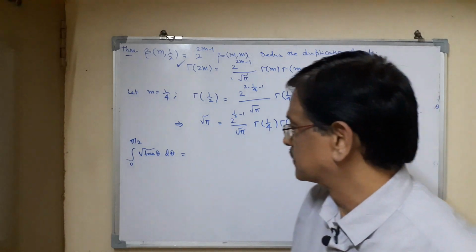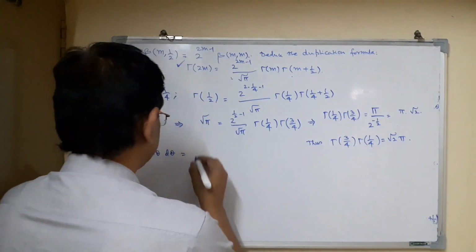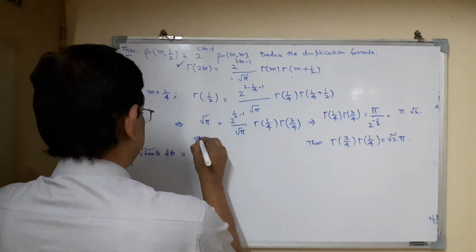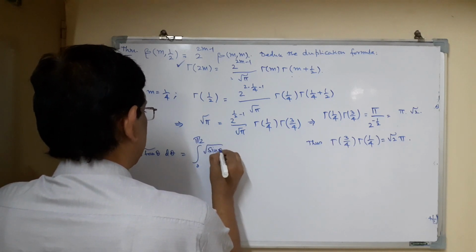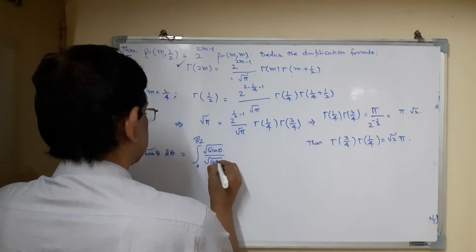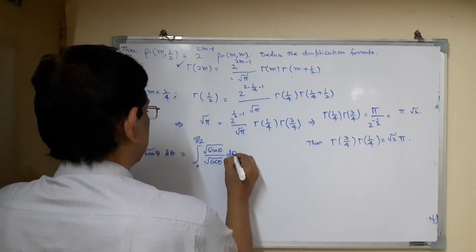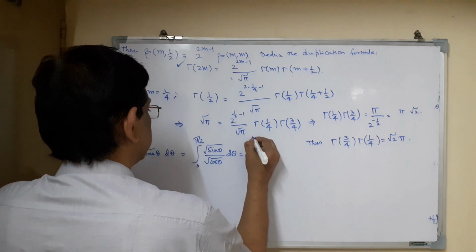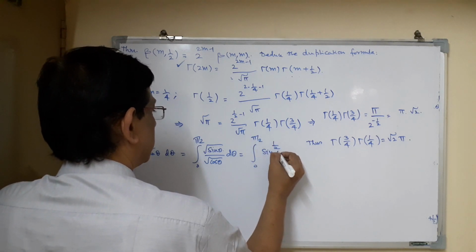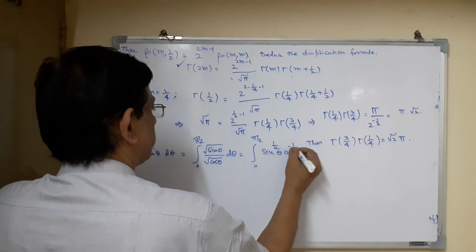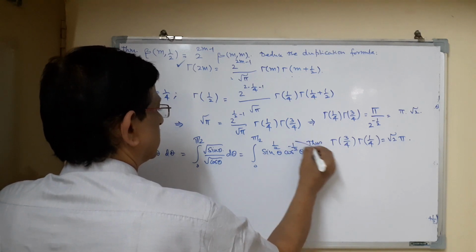Now I will prove this. Integral root tan theta d theta, 0 to pi by 2, is root sine theta by root cos theta d theta, which is equal to integral 0 to pi by 2 sine power half theta cos power minus half theta d theta.